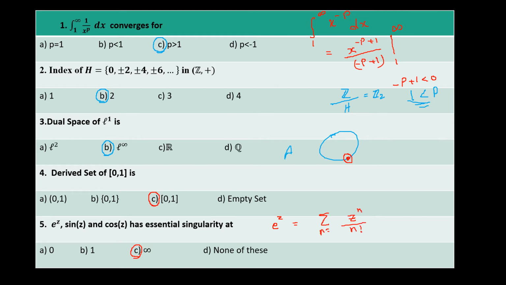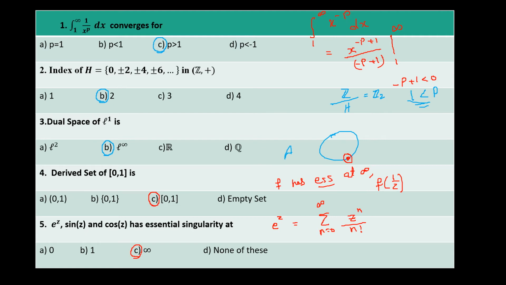That is the series form, and if we plug in z equals 1 over z, then we can see that the function f of 1 over z has an essential singularity at 0. This is the definition: if f has an essential singularity at infinity, then f of 1 over z will have an essential singularity at 0, and this is clear from here. That's why e raised to power z has an essential singularity at infinity. And because sin z and cos z can be represented by exponential functions, they will also have an essential singularity at infinity.